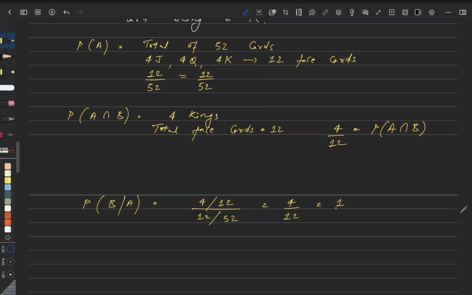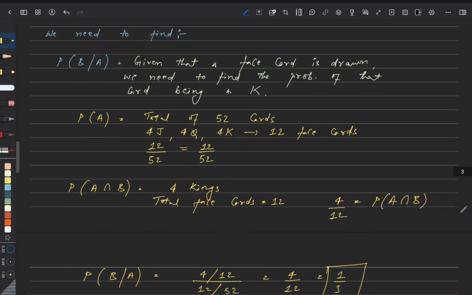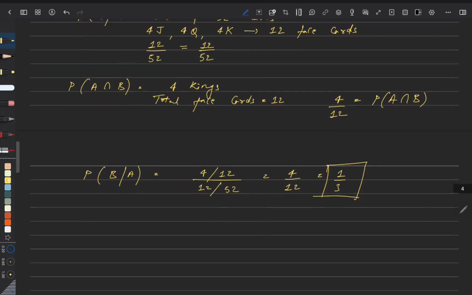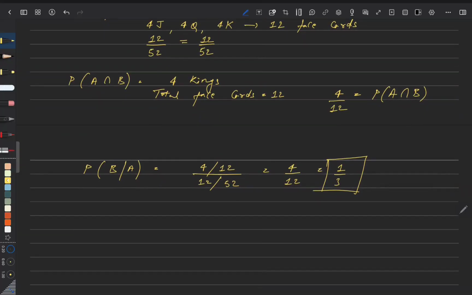We simplify it, gives us 1 by 3. So that is the probability that if you have drawn a face card, the card that you have drawn is a king. The probability is 1/3.